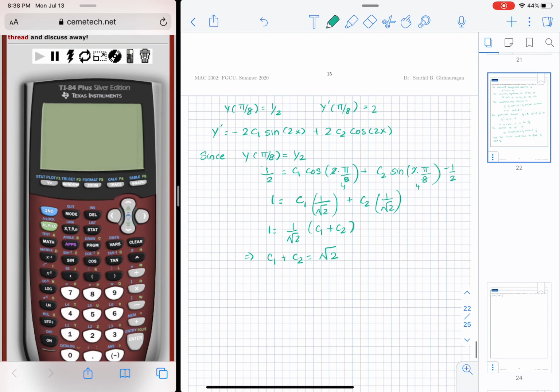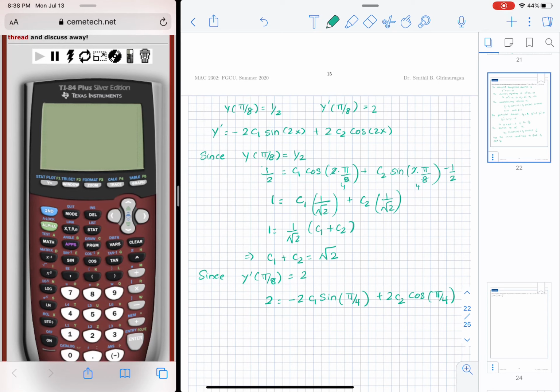y prime of pi over 8 is 2. So we have 2 is equal to minus 2c1 sine pi over 4 plus 2c2 cosine pi over 4. I'm using the same trick like I did in the previous part.